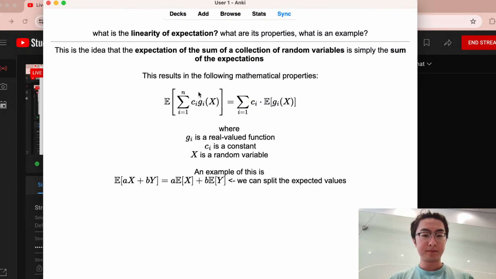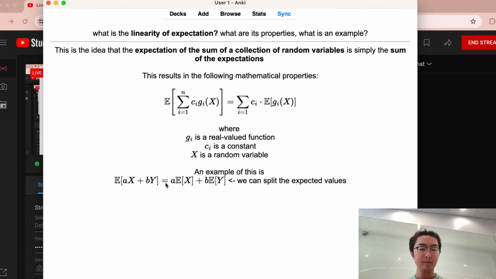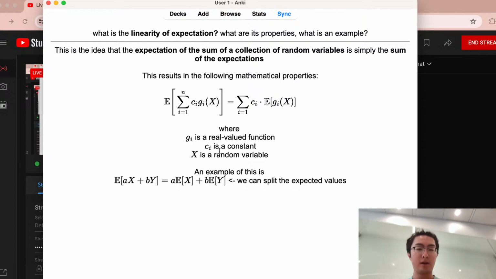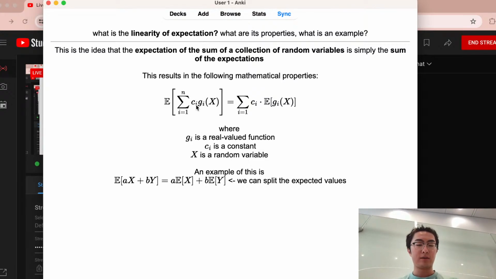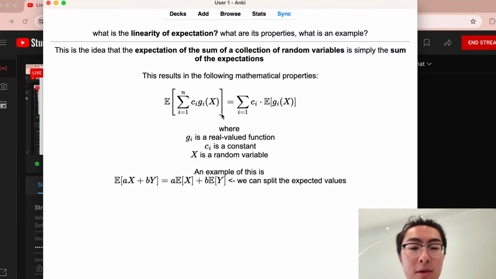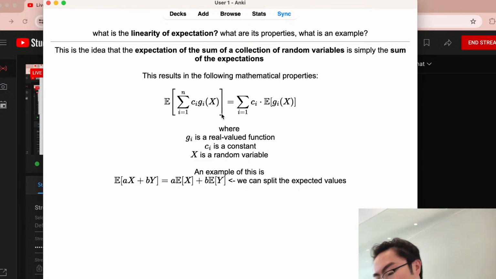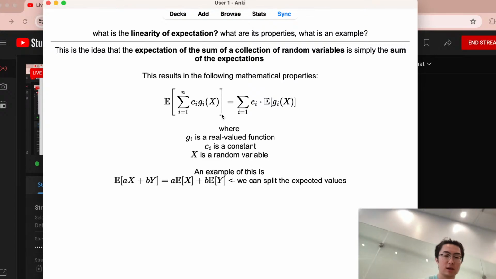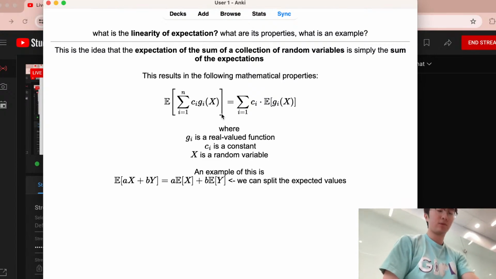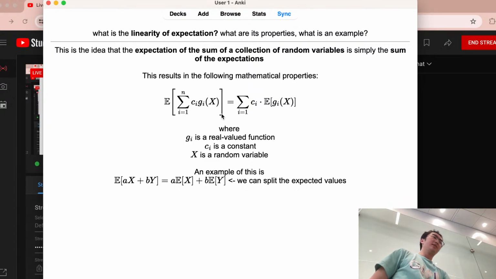Okay, so yeah, this is something I do need to try to remember. The expectation of the sum of c, some constant times a function of x, where x is a random variable, is just equal to the sum of the individual expectations. There is no x in the form of a scalar, but more so an x in the form of a random variable.